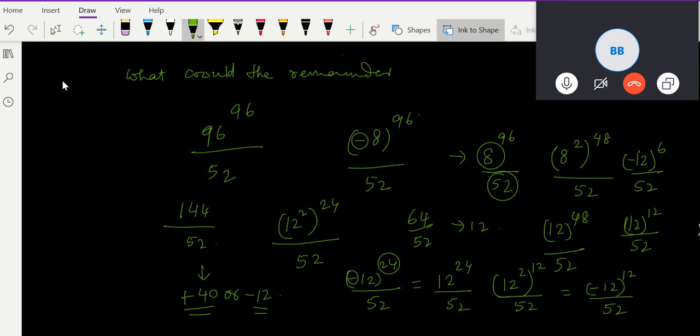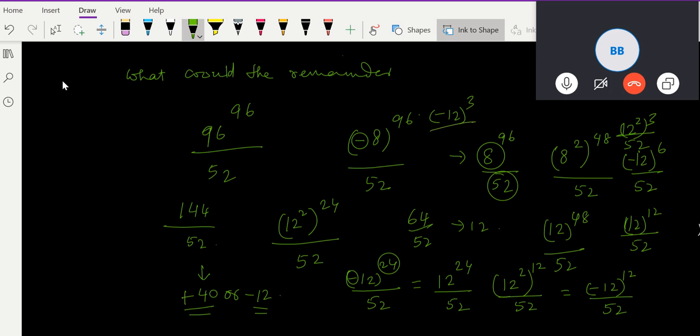Same thing: 12 to the power 2 into 3, so minus 12 to the power 3 by 52.